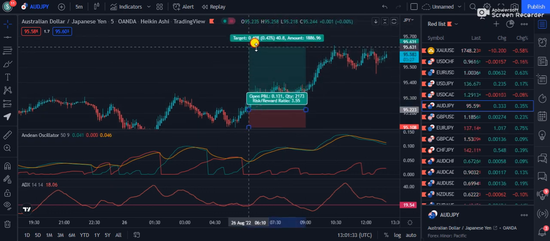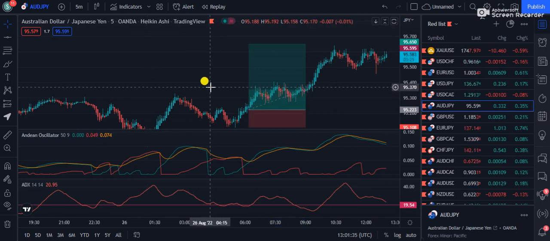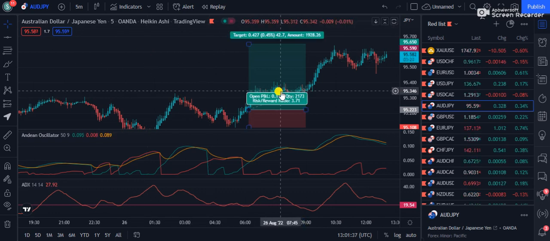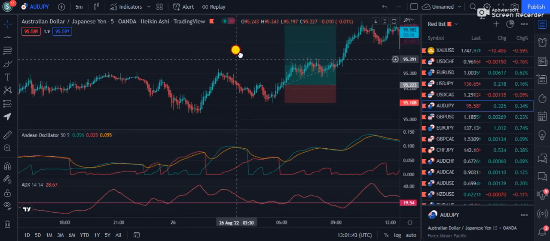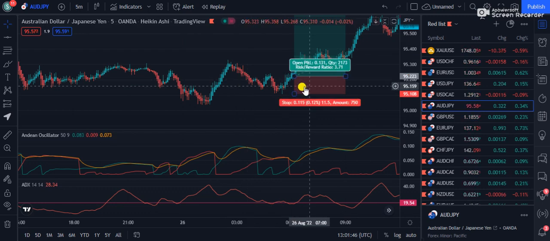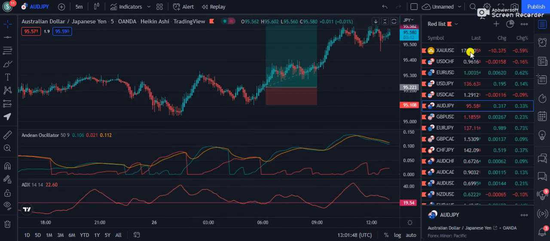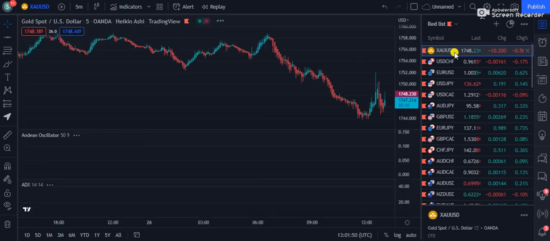We were able to catch a 3.71 ratio just by using the 5-minute time frame. However, this strategy is not limited to 5 minutes. You can trade any time frame of your choice.